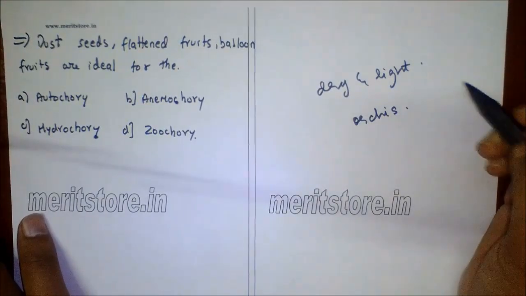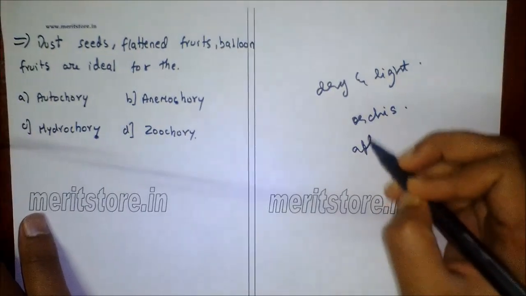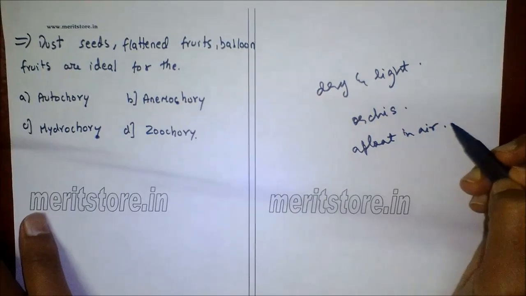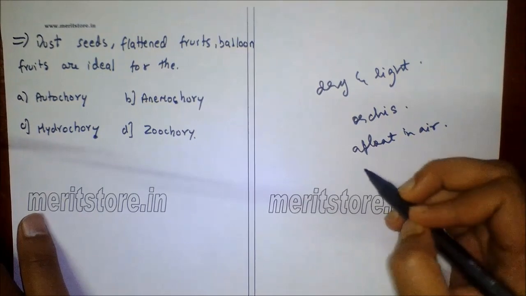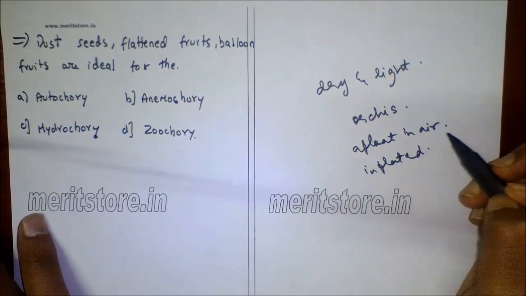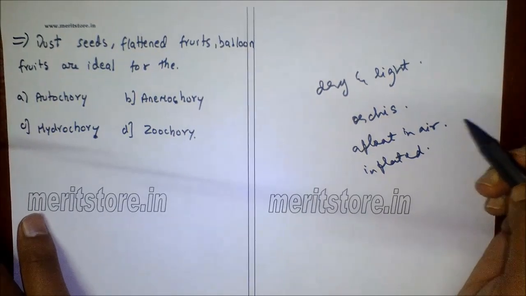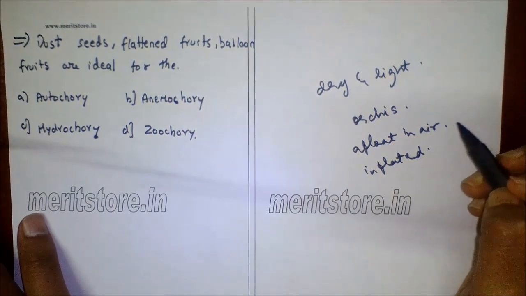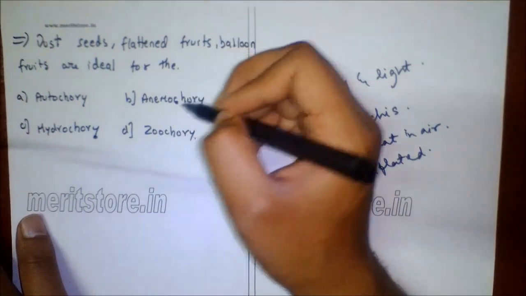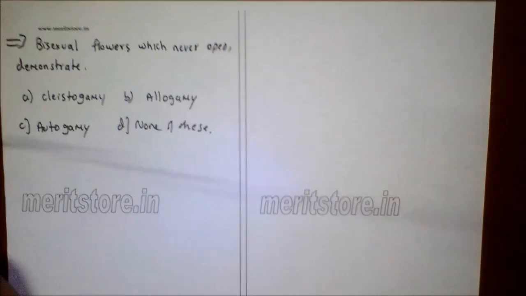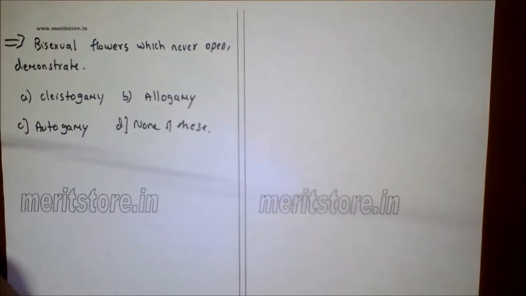Flattening helps the fruit to remain afloat in air. Balloon fruits are inflated, which is seen in Cardiospermum, ballooned by persistent calyx. So these are features of anemochory. Option B.